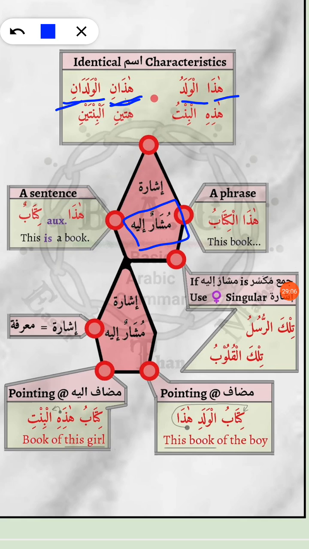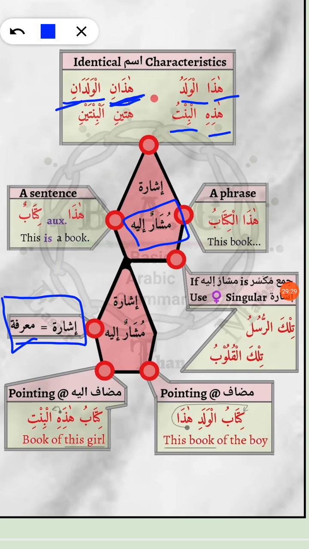This is masculine grammatically, so you're going to use the grammatically masculine pointing noun. Of course all the asma ishara are marfu by default, as you can see here. Remember this. Similarly you can see I used hazihi for pointing towards bintu, hazihil bintu.